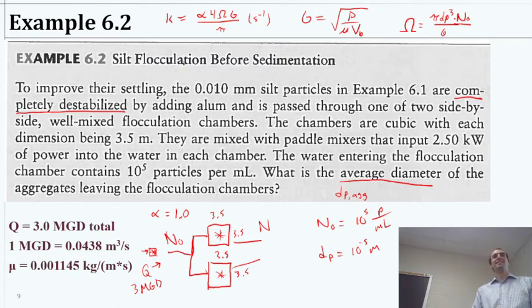It's larger. Okay, that's good. I kind of guessed it because I saw it in terms of N naught and N. If this is the number of particles, the diameter should go up. Okay.